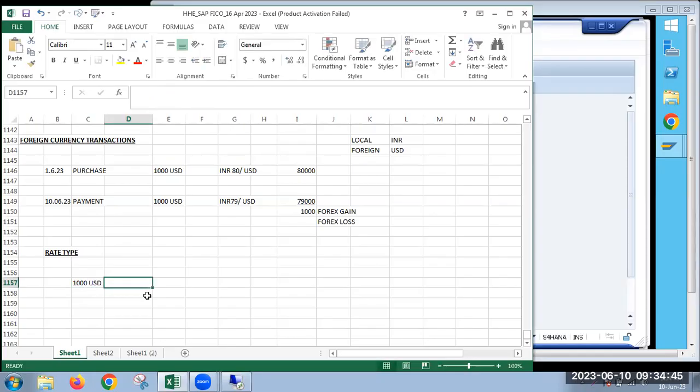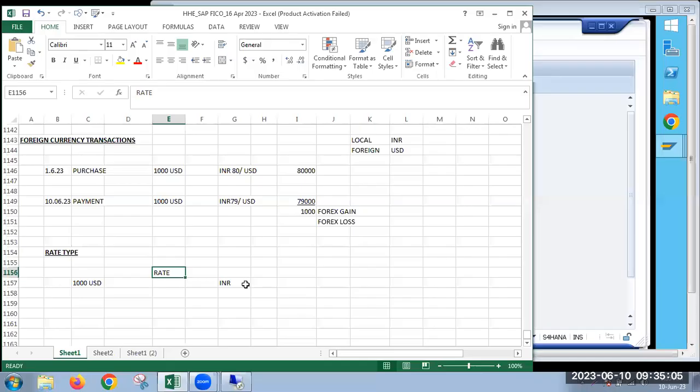And if you have to convert to INR, then how can we convert this amount to INR? How is it possible that we can convert, or exchange, the $1,000 into INR?